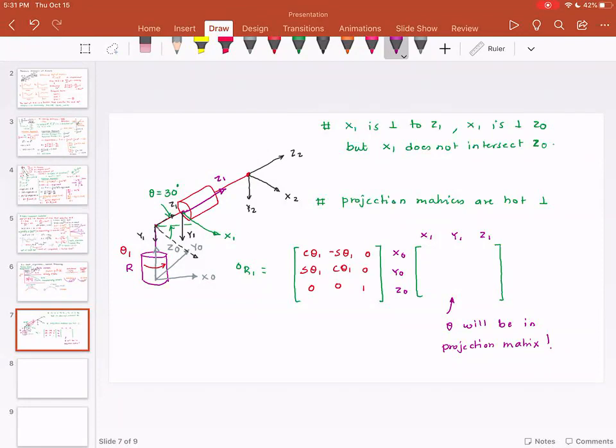So if you want to work out the projections of theta along x1 projection with x naught, if you look it up, you will realize that x1, which is over here, is actually at an angle of 30 degrees because z1 is parallel.